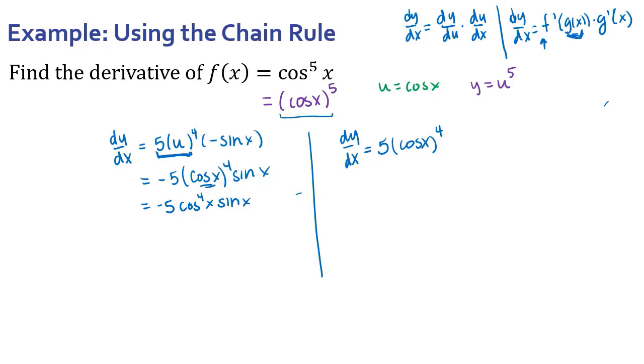So something to the fifth power is 5 times that something to the fourth, times the derivative of the inside. So that's where that negative 5 cosine to the fourth x sine x comes from. So again, here's our inside, here's our outside. If I take the derivative of the outside function, that's going to be 5 something to the fourth power, where that something is the inside, times the derivative of the inside.